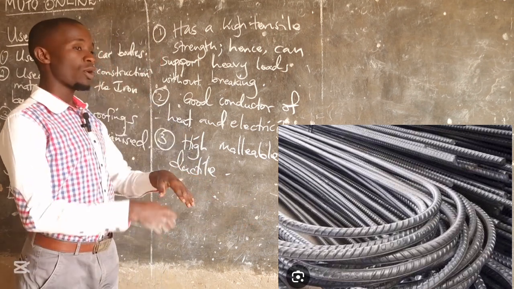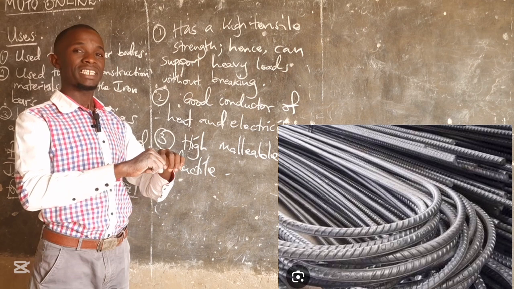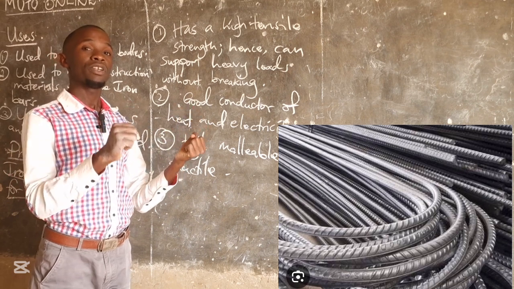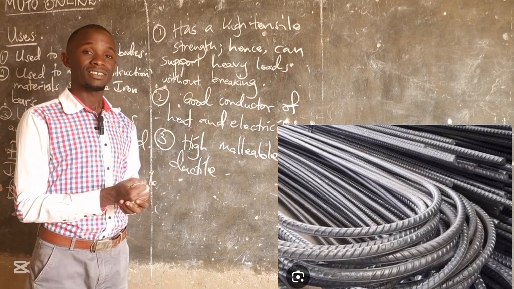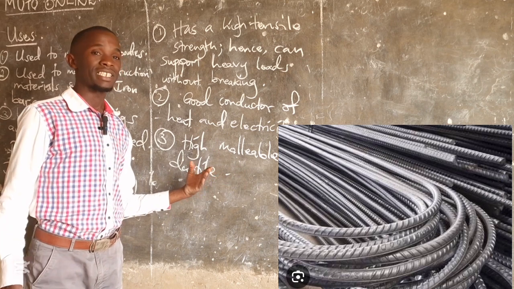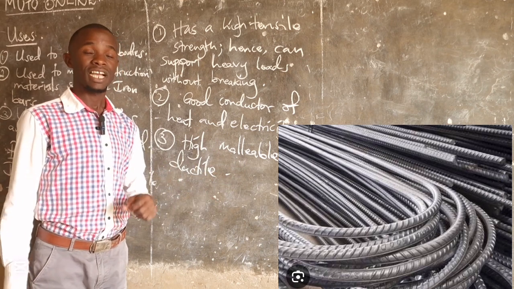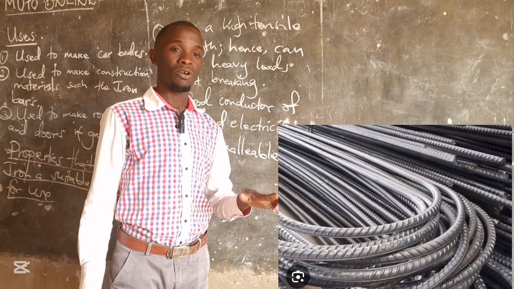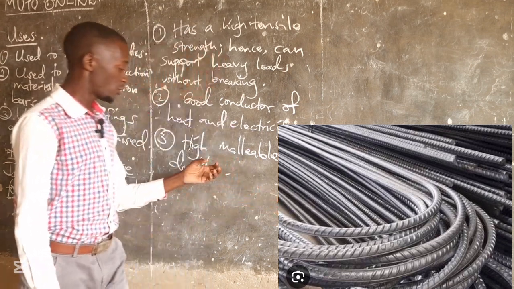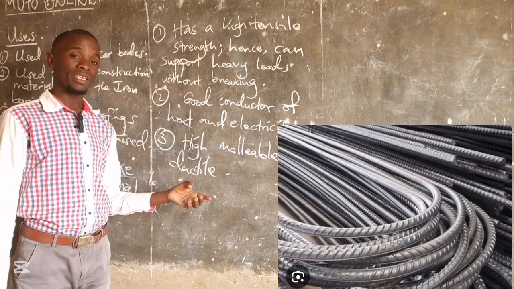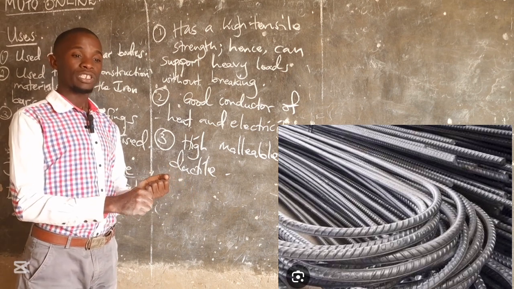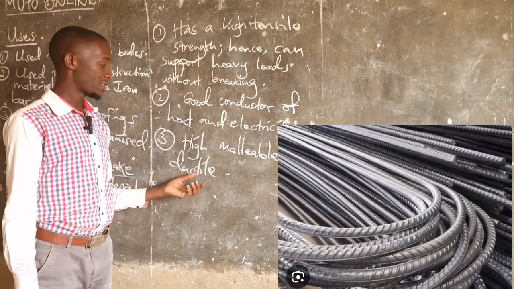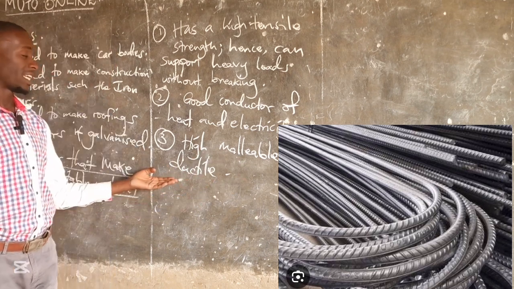It can also be rolled into different shapes without breaking. Because of that, it can be hammered into different shapes or flat sheets, and it can also be bent or folded without breaking. So it is highly malleable and ductile.